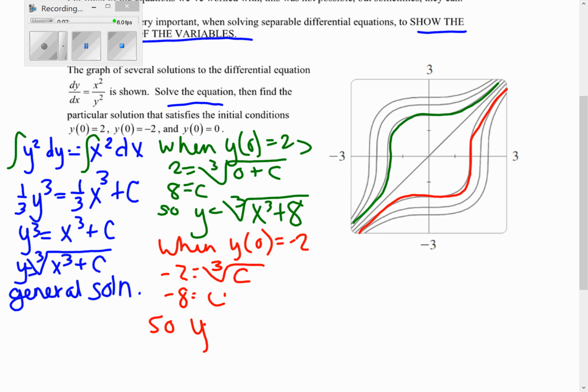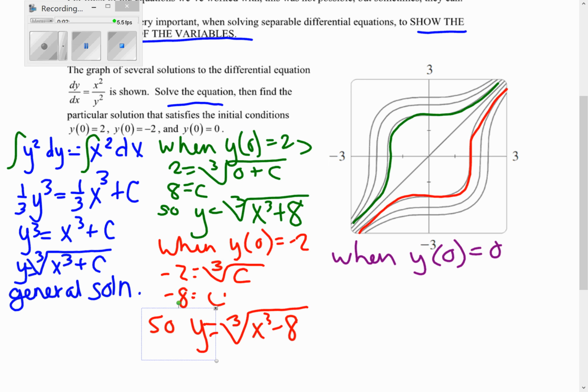So y equals the cube root of x cubed minus 8.